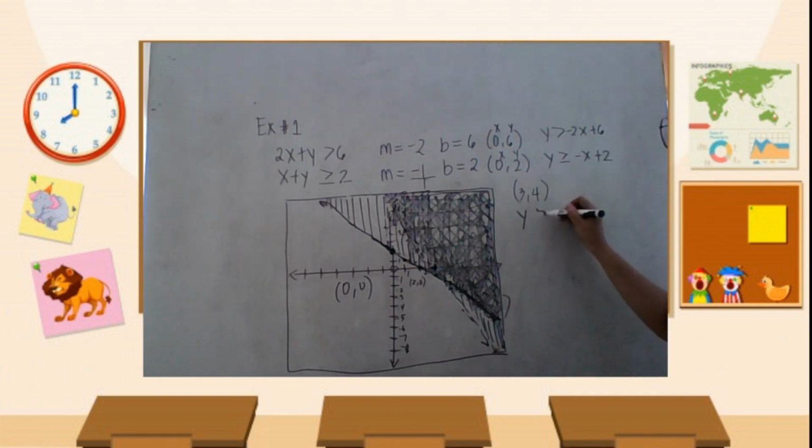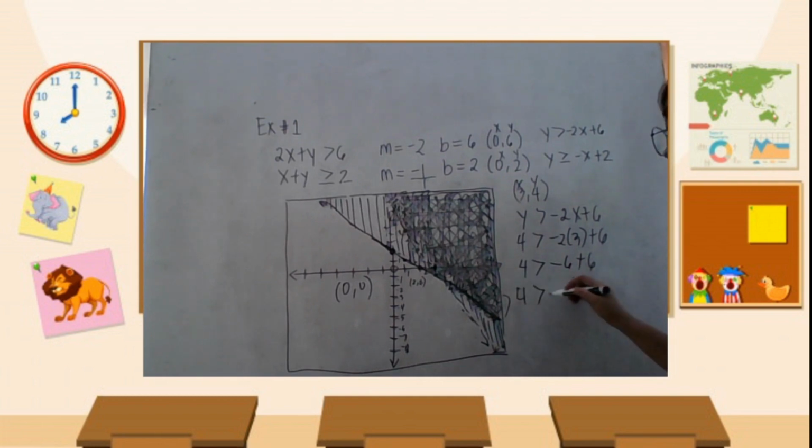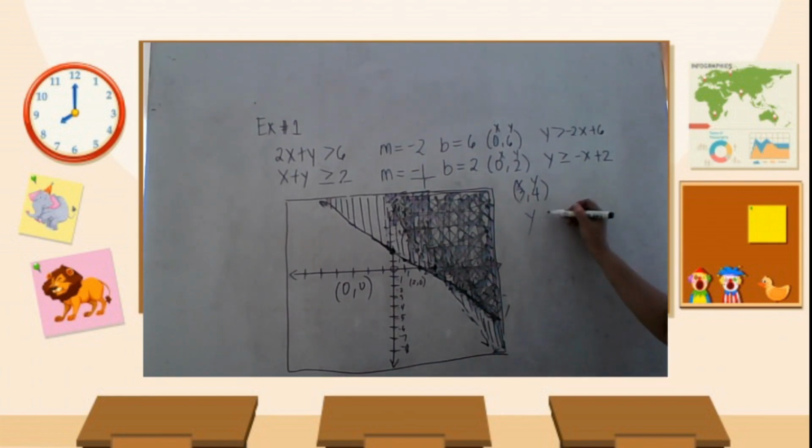Y is greater than negative 2x plus 6, x and y. So, 4 is greater than negative 2 times 3 plus 6. So, 4 is greater than negative 6 plus 6. 4 is greater than 0, which is true. Okay? Dun sa isa natin, y is greater than or equal to negative x plus 2.